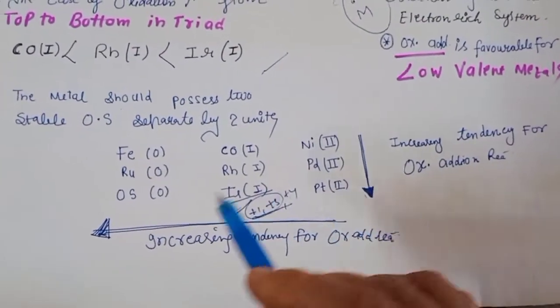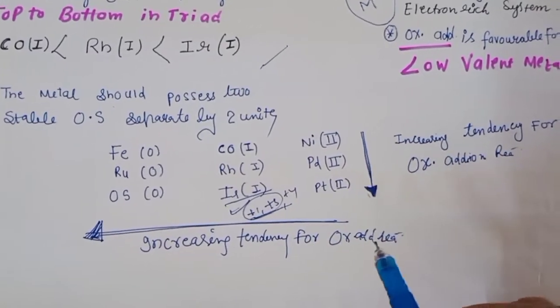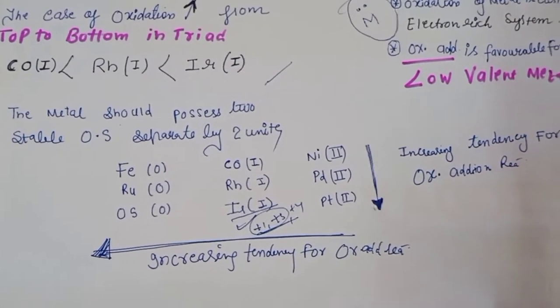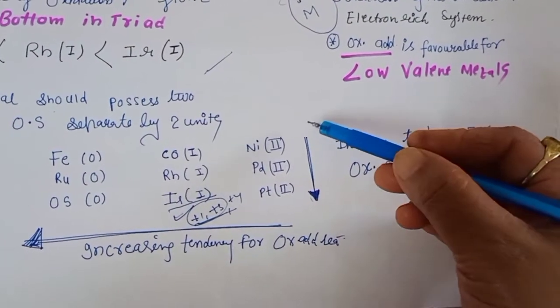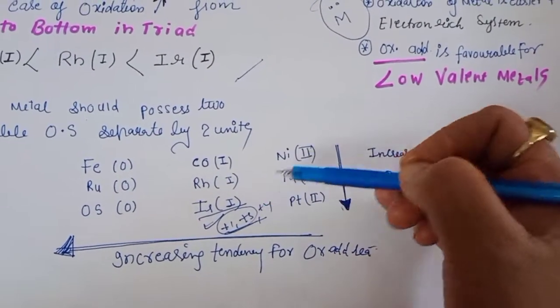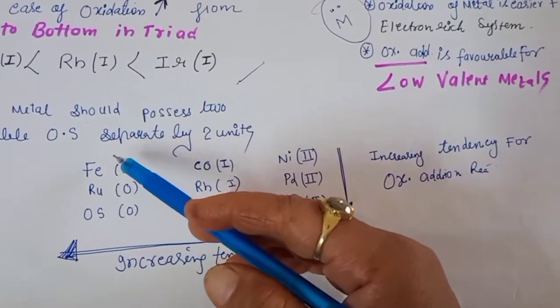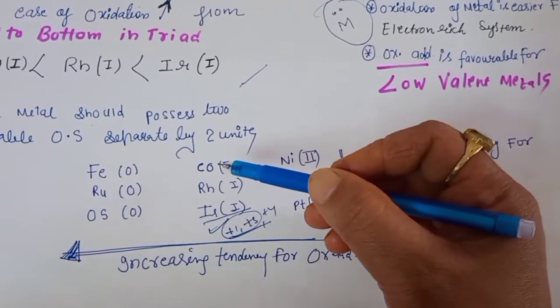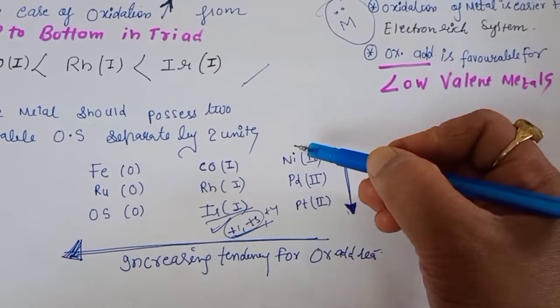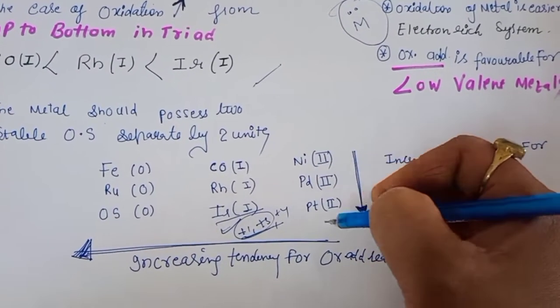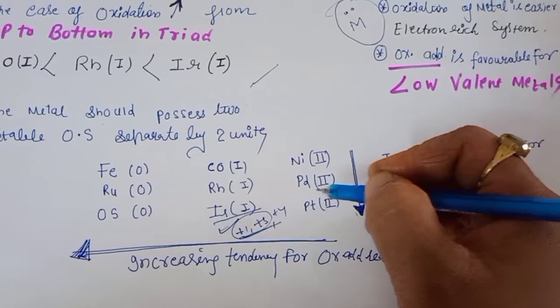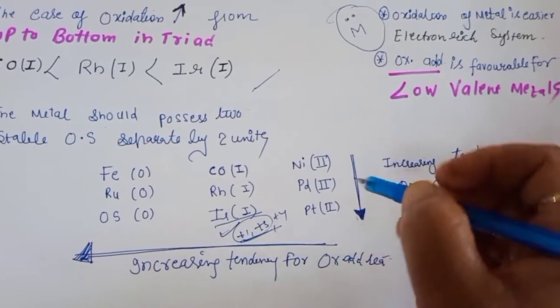And this is the order of the tendency for oxidative reactions of the various transition metals. So you can note down. The order increases from top to bottom: this is iron, ruthenium and osmium, this is cobalt, rhodium and iridium, this is nickel, palladium and platinum. In this triad, platinum(II) has more tendency to undergo the oxidative reaction.